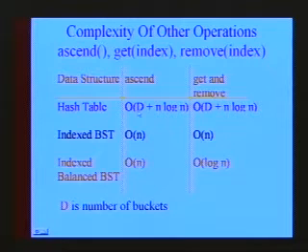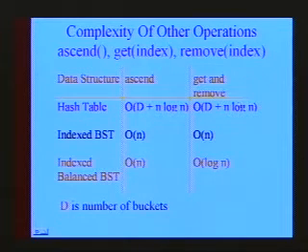Having found the elements in order of D or order of D plus n time, depending upon the data structure you're using, you would then have to sort them into ascending order, spending n log n time, n being the number of elements. So for the ascend operation, that's what you'd spend. It's not just a worst case, but it's also the expected time to perform the ascend operation.